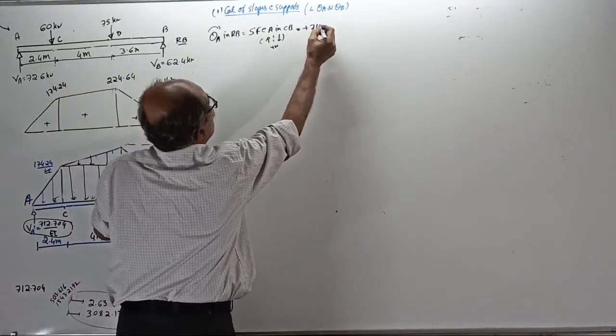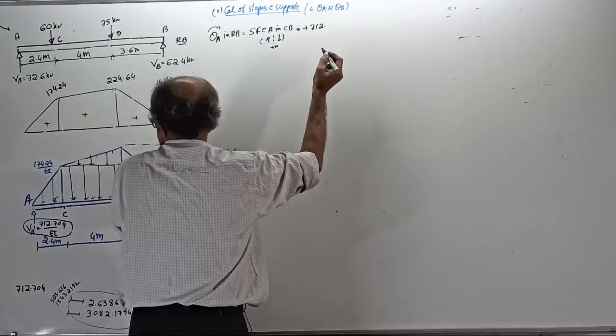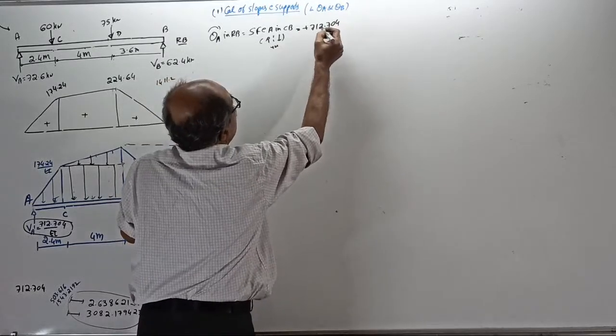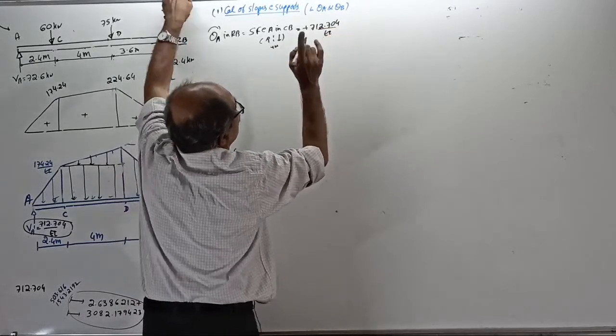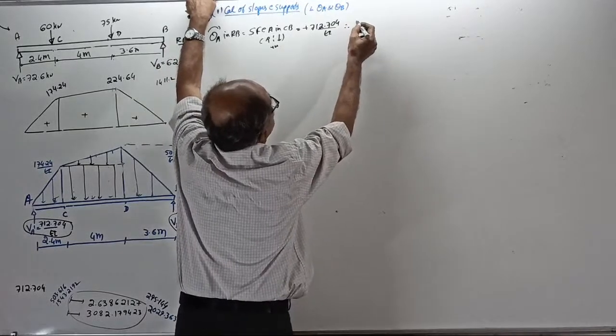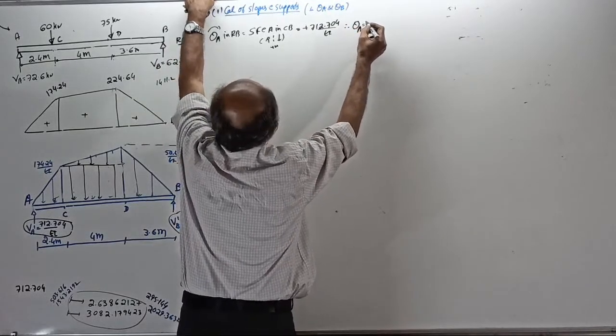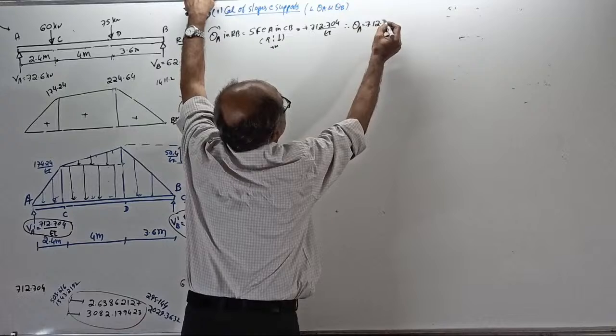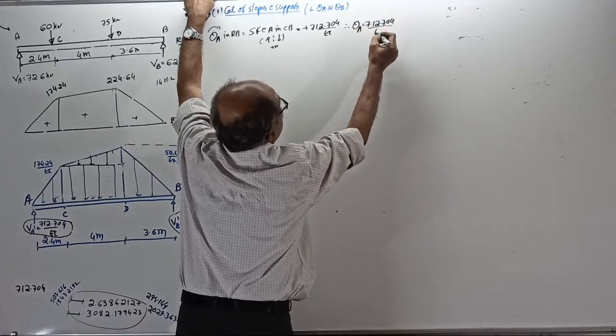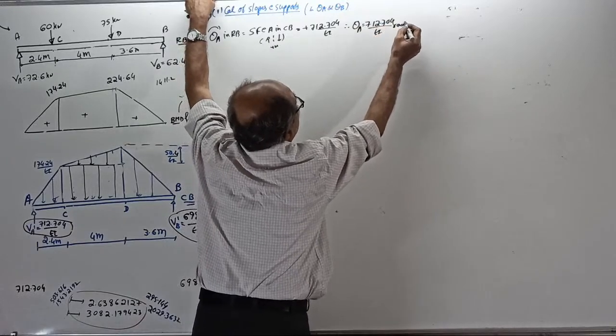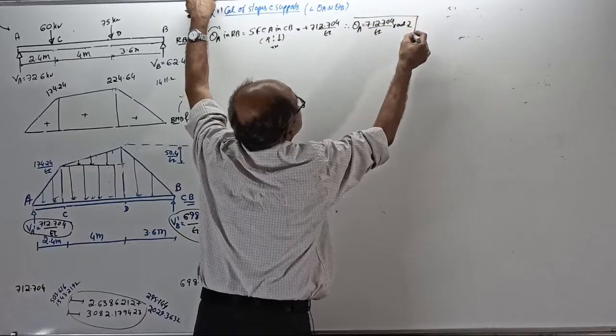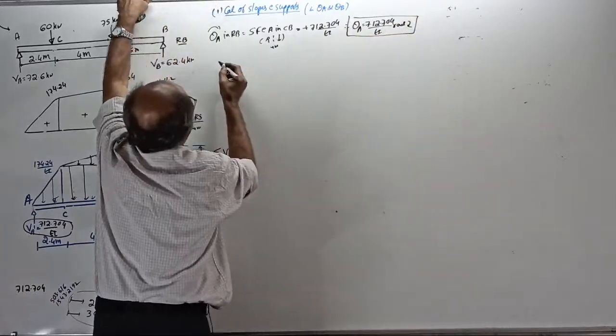Plus 712.704 by EI. Therefore, your theta A equals 712.704 by EI radian clockwise. Okay, one answer came. Now, next.